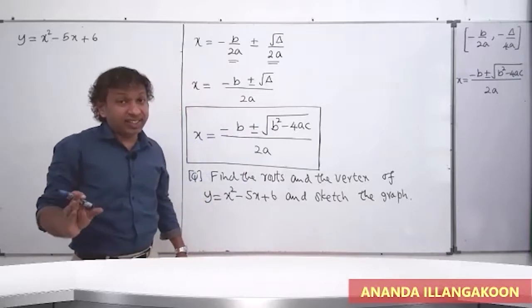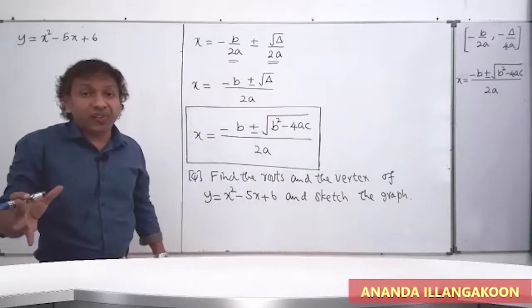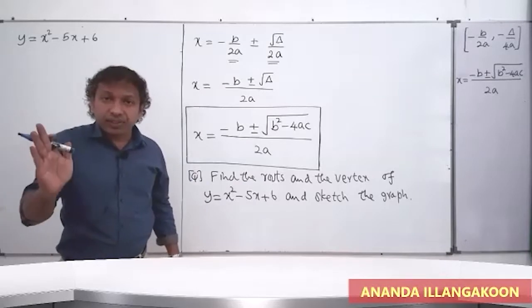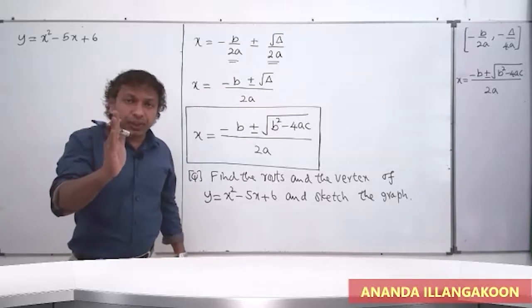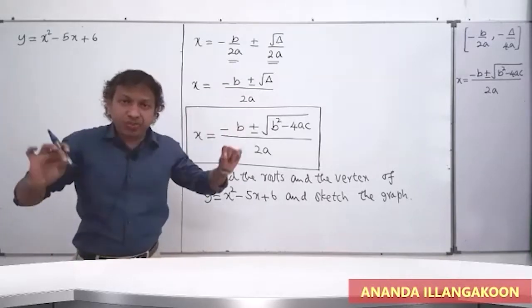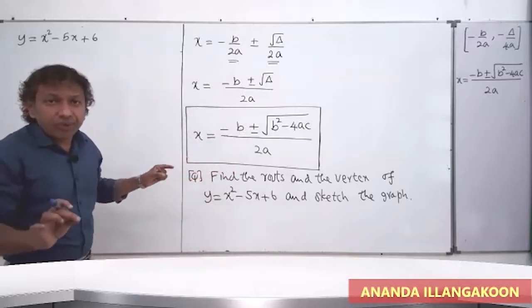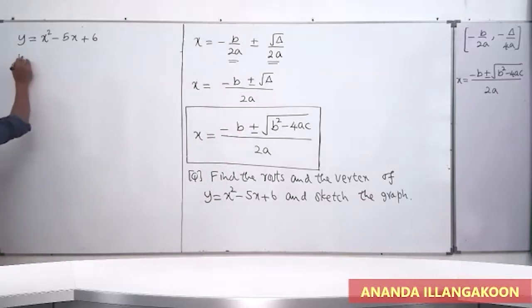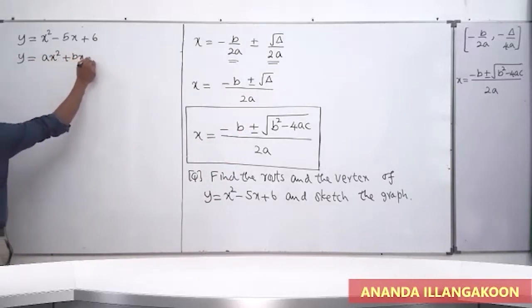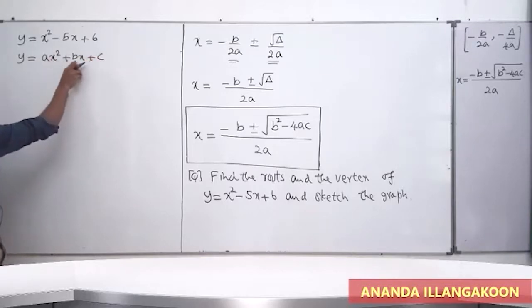That form, y equals ax squared plus bx plus c, is called the standard form of writing the quadratic function. So I'm writing it just below this, in order to determine a, b, c.